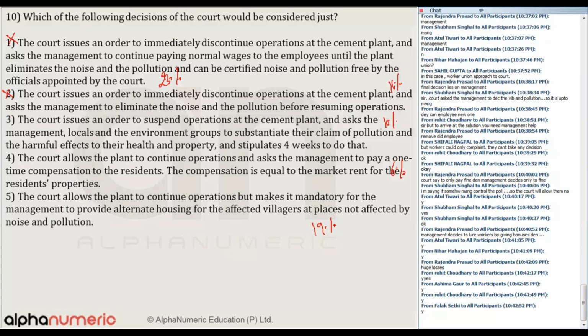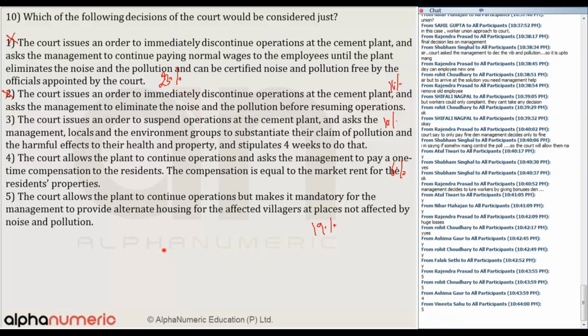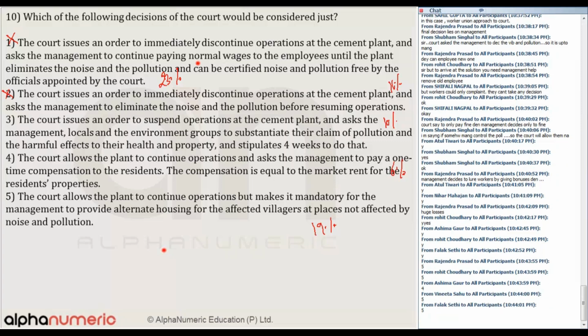So what should be the answer among option number 3, 4, 5? I think the better option is option number 4, not option number 5. Look, options 4 and 5 both say one and the same thing, but the problem is that in option number 5, the court is asking them to shift the entire villages.